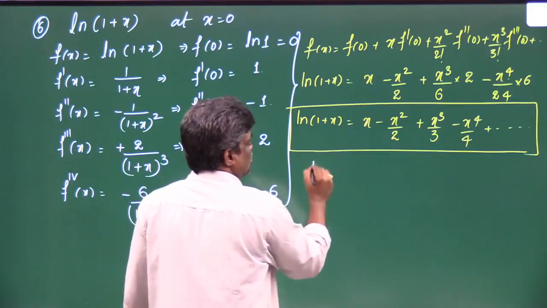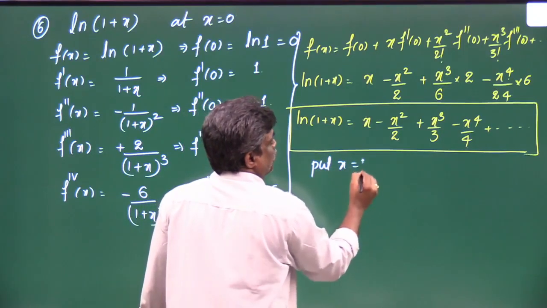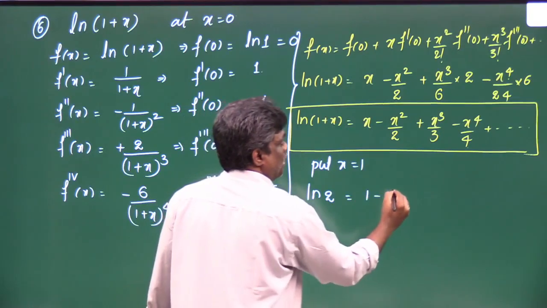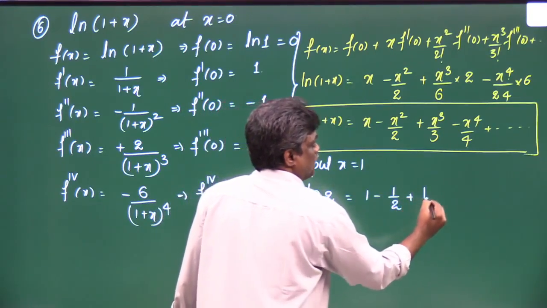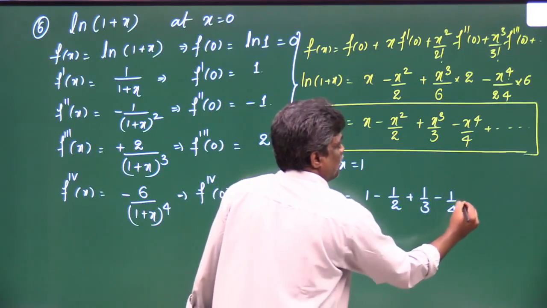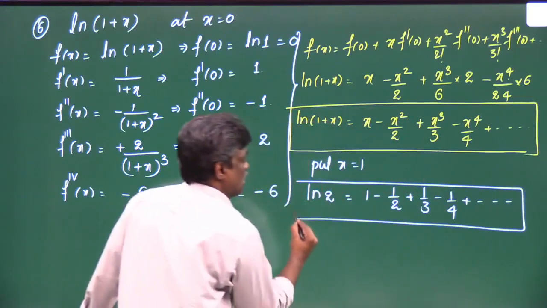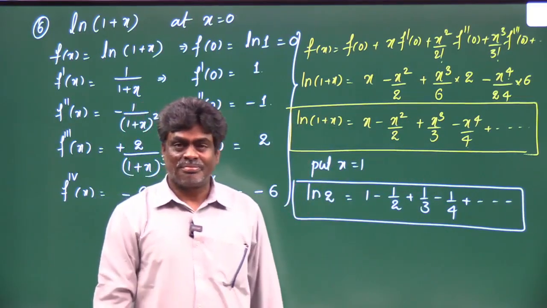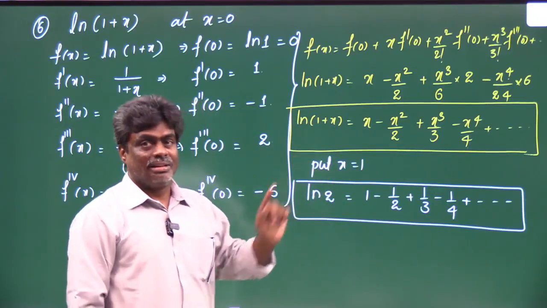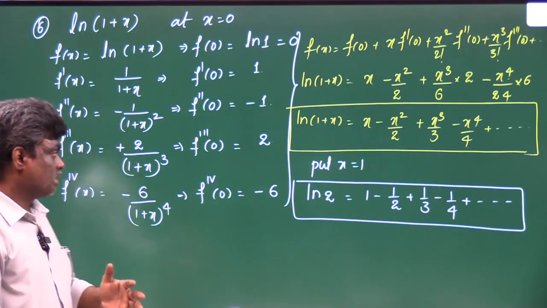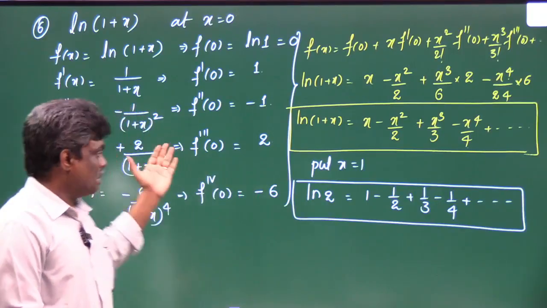So here just put x equal to 1 and substitute, then log 2 equals 1 minus 1 by 2 plus 1 by 3 minus 1 by 4 plus so on. So this is nothing but the log 2 expansion. This is what we used in the last problem of the series section 1, series part 1, right? Come on, take it.